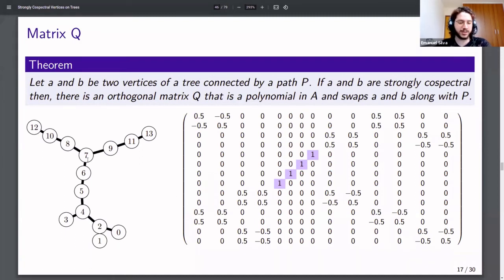So in this case, 4 and 7 are strongly cospectral. By the previous theorem, 5 and 6 are also strongly cospectral. And in this case, there exists a matrix Q that maps A to B, but also X to Y. The theorem says that there is always going to exist a matrix like that, and I want to show this to you.